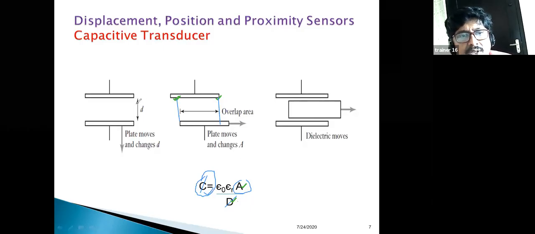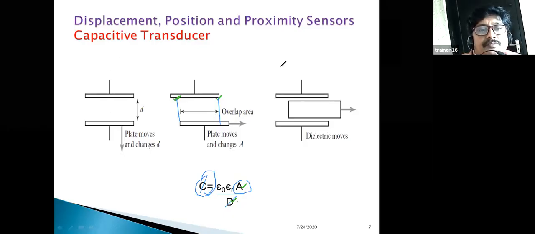If the distance between the two plates changes, we can find out how much voltage we get. Likewise, depending on the area of overlap, we get a particular voltage. With the help of the capacitors, we get the required output voltage.